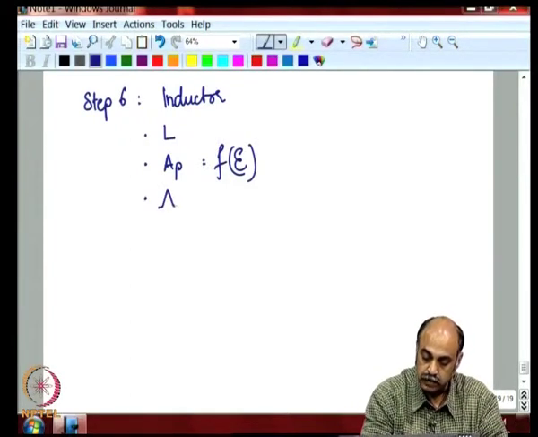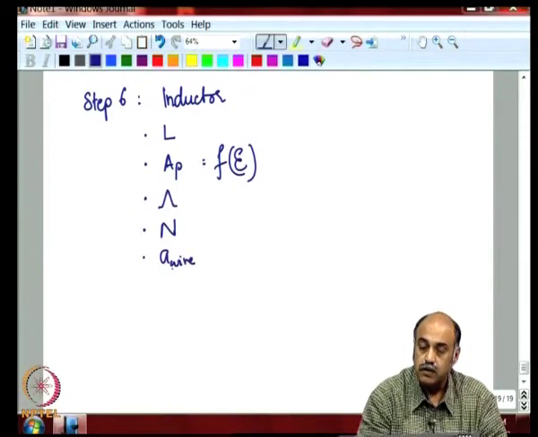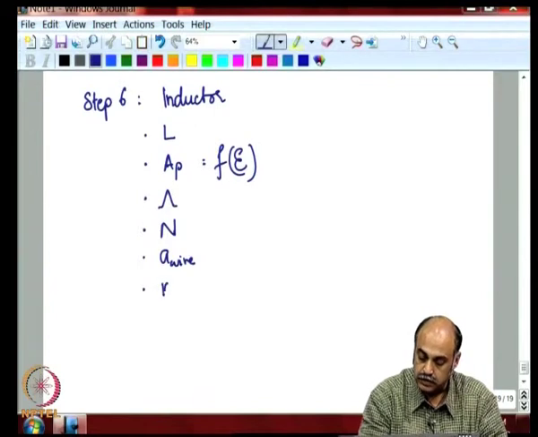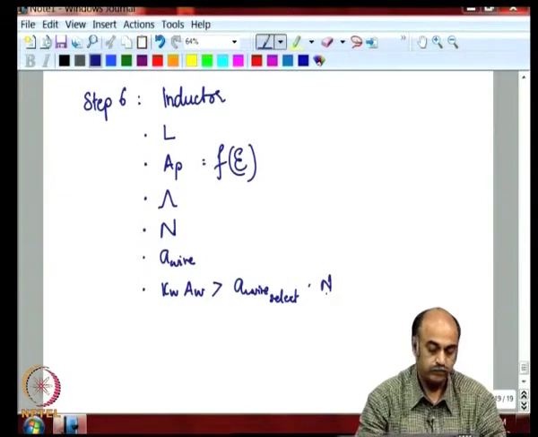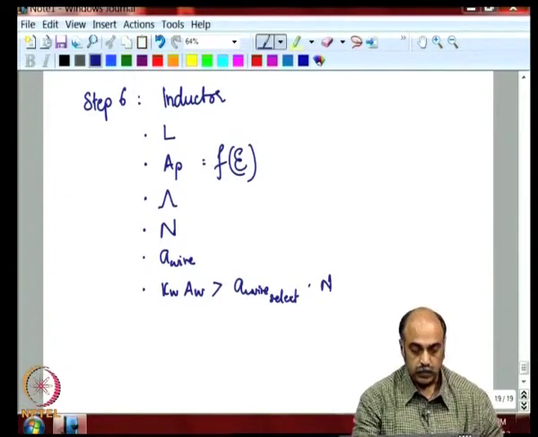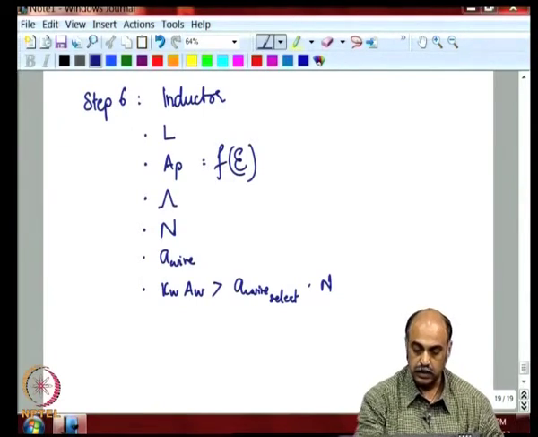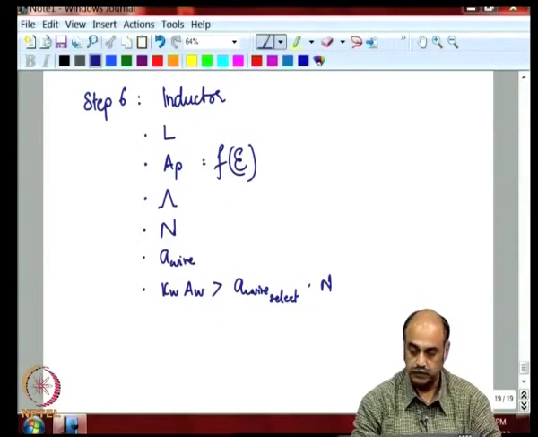Then find out the permeance, then the number of turns, then the wire gauges, that is the wire, and then cross check and see that AW KW is greater than the wire selected into n. So, all these you need to do to design the value of the inductor. Notice that all these equations, the numbers can be obtained from the initial specifications.